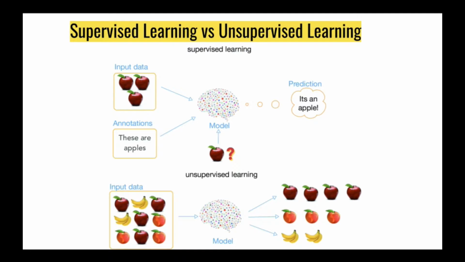And you don't tell the model these are bananas, these are apples, these are peaches. Actually, you don't tell it anything. And the model will be able to look at the images itself and learn that these are apples, these are bananas, and these are peaches without you telling it what it is.